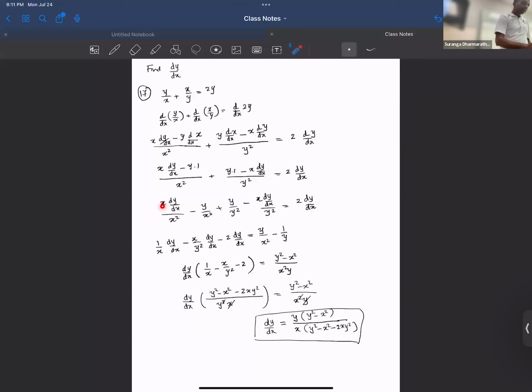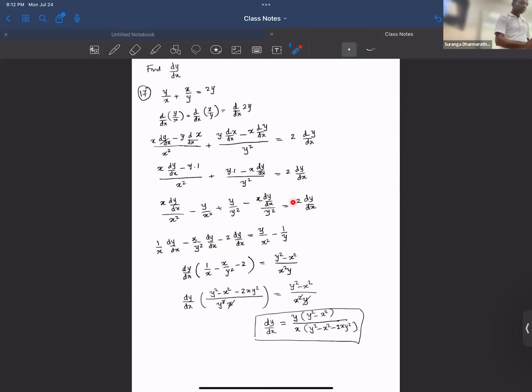So the first term here is x divided by x squared times dy over dx, right? So when you get x divided by x squared, you get 1 over x times dy over dx. Did that term make sense? Okay. Then the second term that has dy over dx is also on this side. You have x over y squared dy over dx. That term is here.